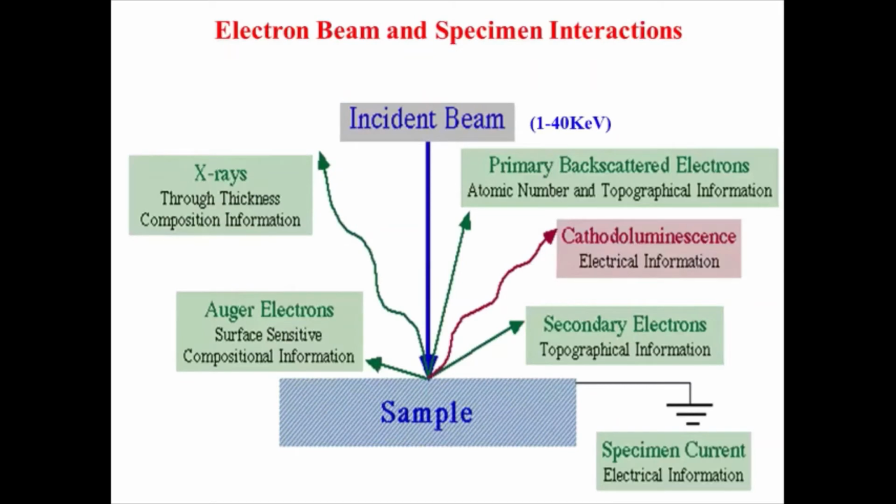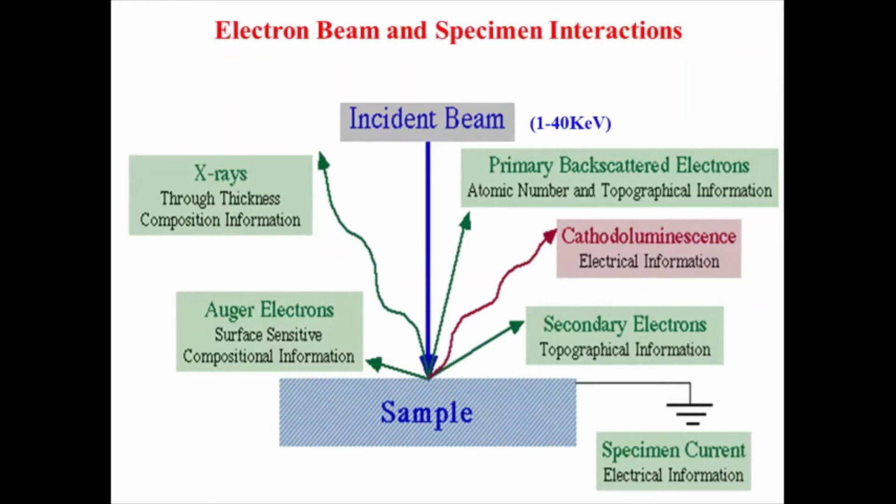Now as a student, I always used to get confused. How do I know whether the electron above the sample surface is a primary backscattered electron or a secondary electron? Because electron, after all, is a quantum of charge.